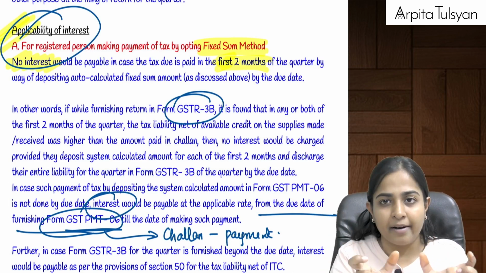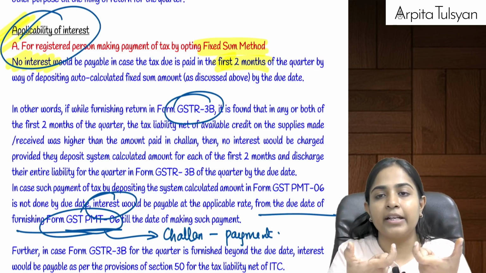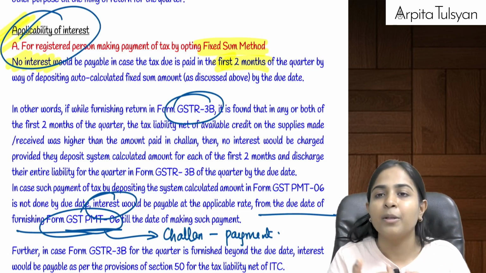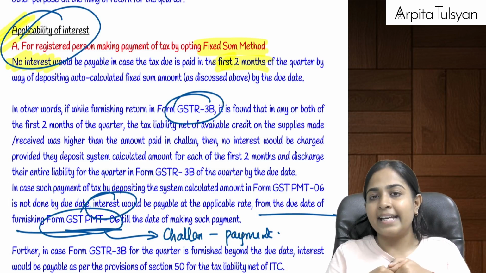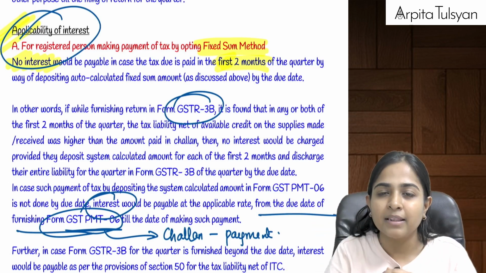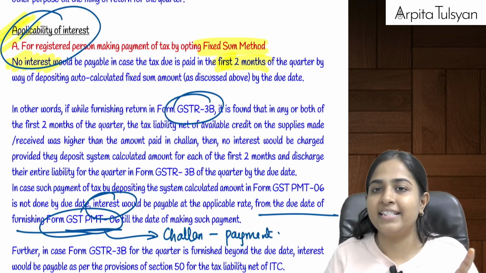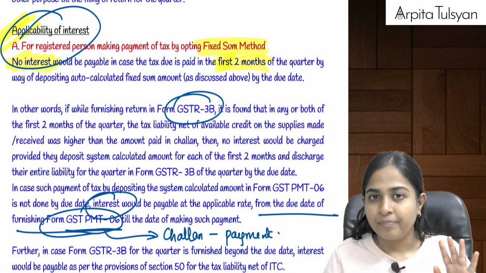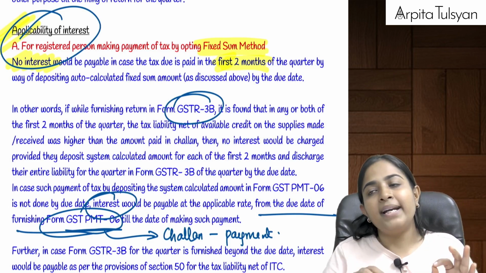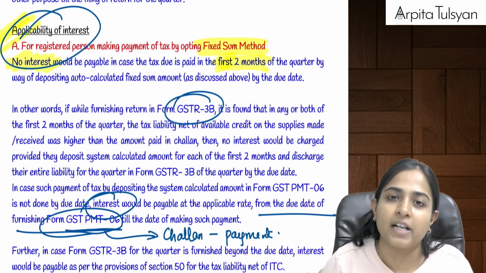But later we come to know that instead of 35 and 35, 40 rupees was payable for April and May. Then can we say there was a shortfall of 5 rupees and 5 rupees for each month? On that 5 and 5 rupees, there will be no interest applicable for the first 2 months, provided you pay the shortfall of total 10 rupees when you are filing the quarterly return.